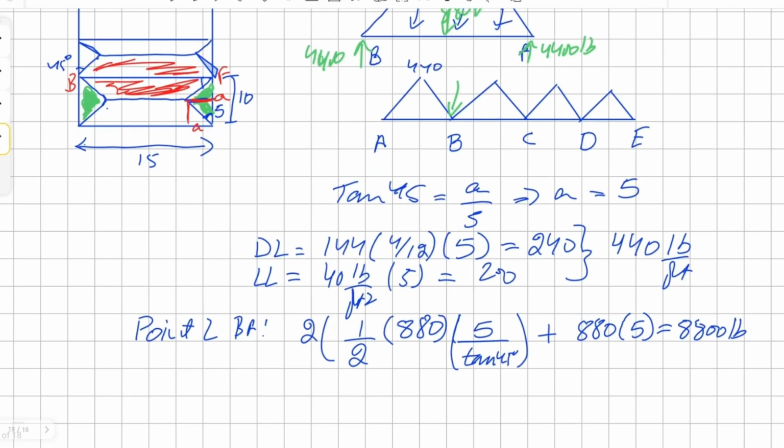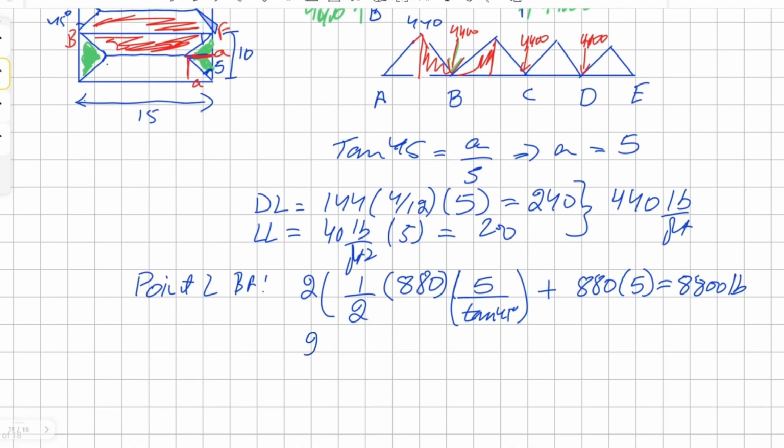Therefore, our point load here for B is 4,400, 4,400, 4,400. And now we have to include our point load from these triangles here that is being exerted on the girder as well. Let's convert this into a point load.